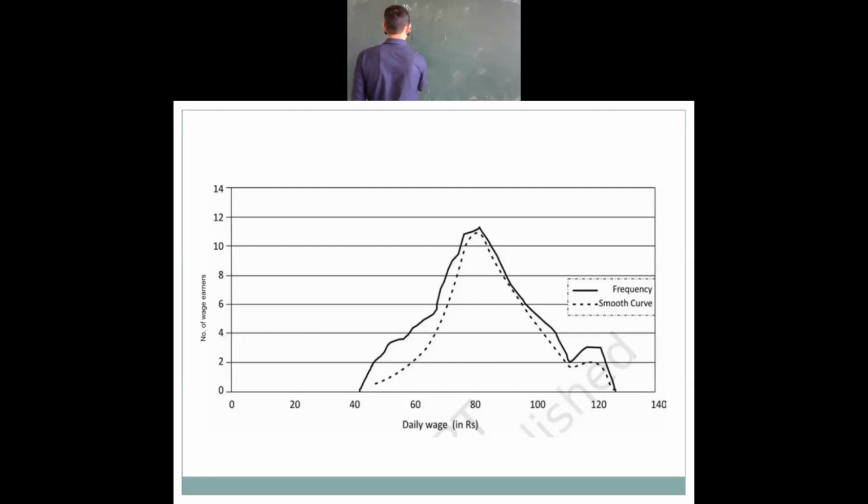This is 0, then 20, 40, 60, 80, 100, 120, 140. The width of the classes is 20. So where does it start from? From 20, sorry, 40.